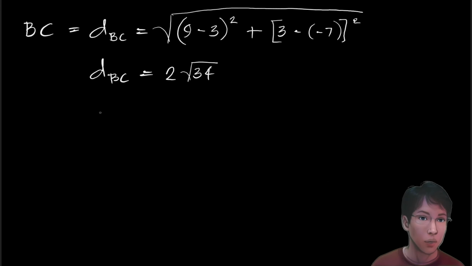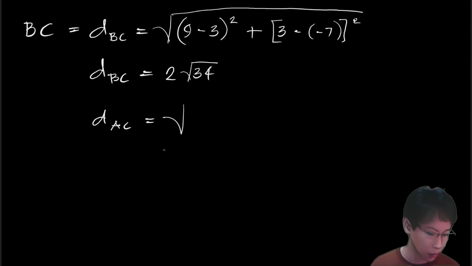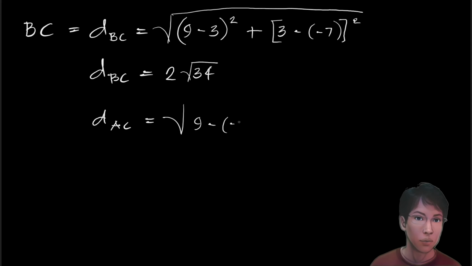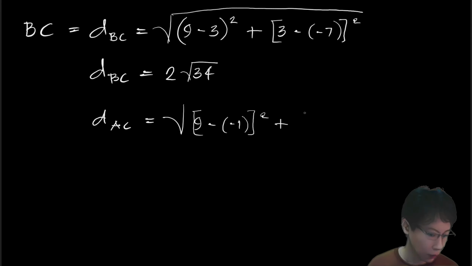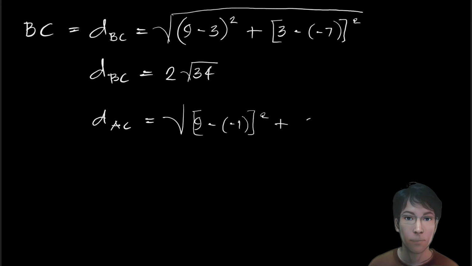So distance AC will be (9 minus -1) squared plus (3 minus 1) squared.